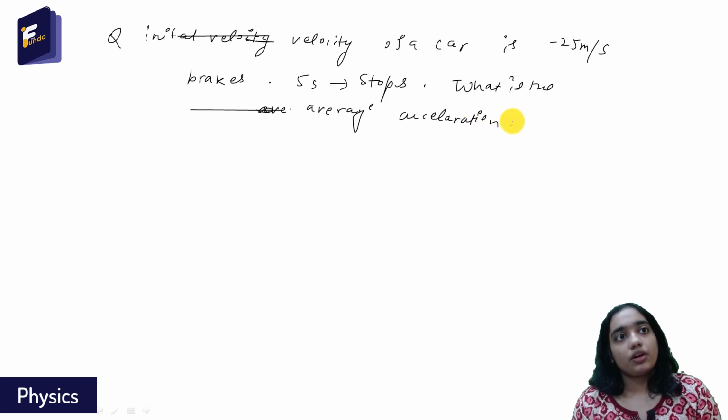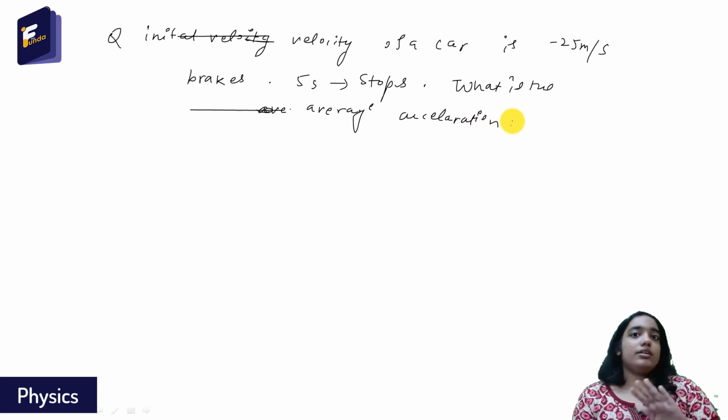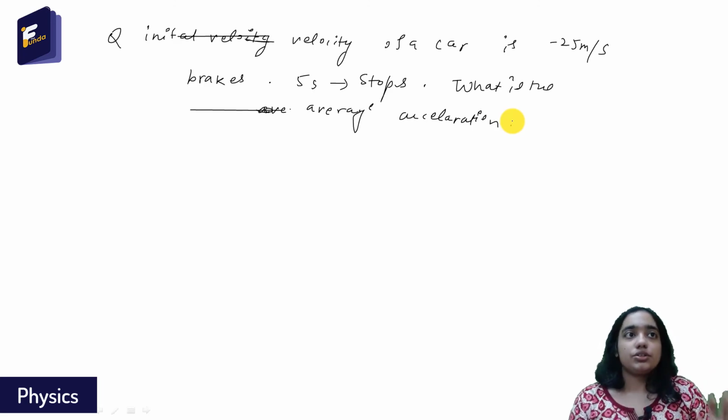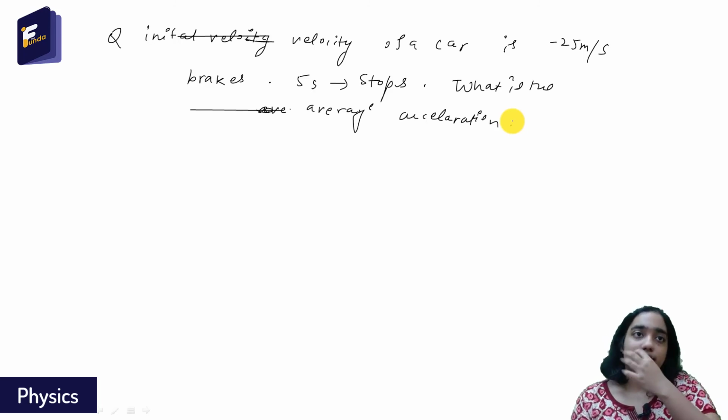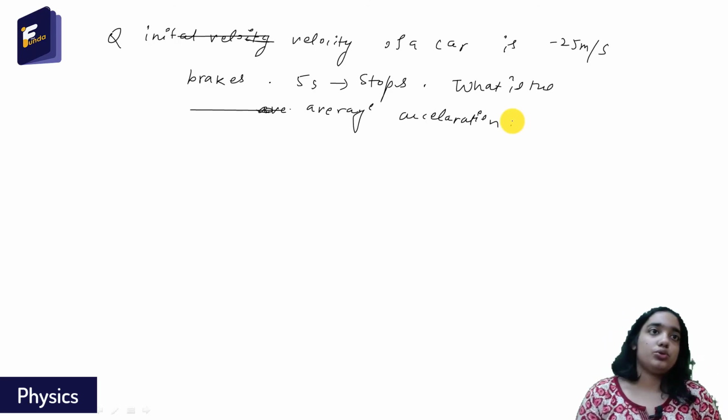Whatever I have discussed earlier and whatever concept you have learned, just pause the video and think what will be the answer to this question, and then only see the solution. Don't hurry.